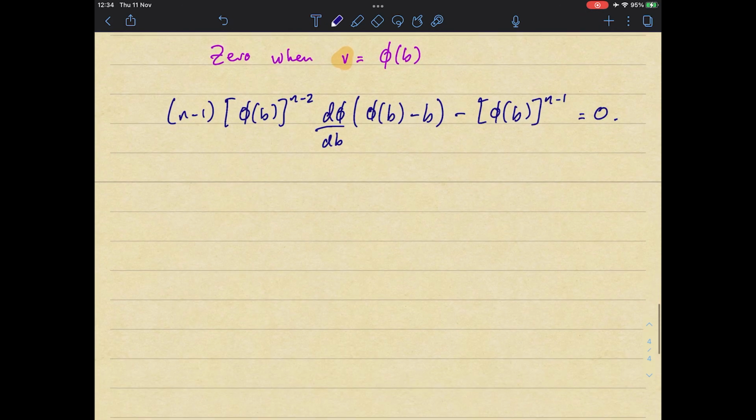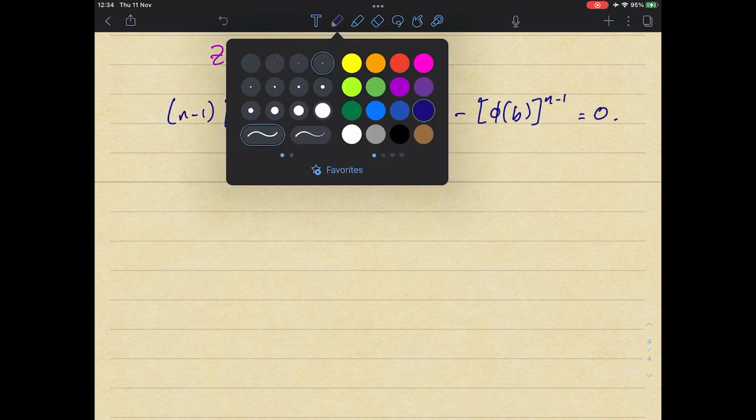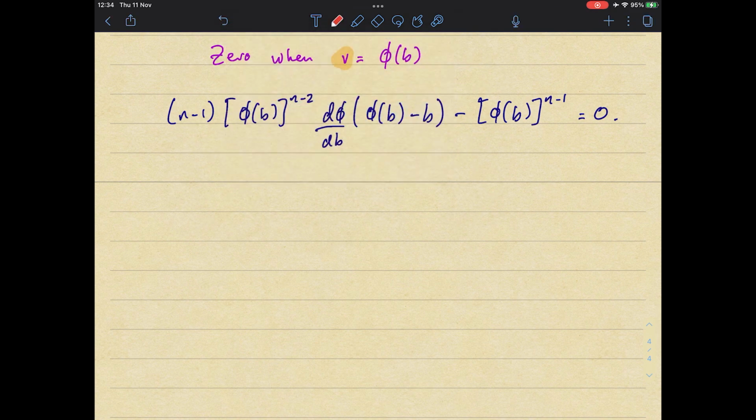Okay, so I can simplify this a bit. I've got n minus 2 copies of this here and n minus 1 over here, so I could cancel this out.